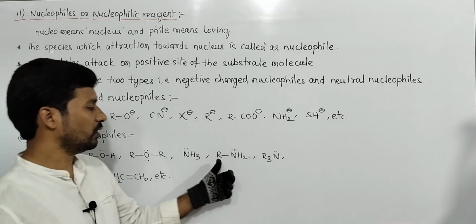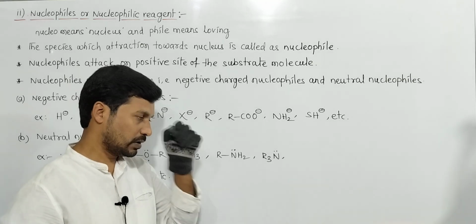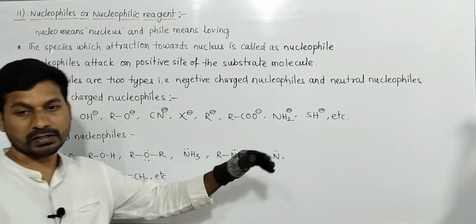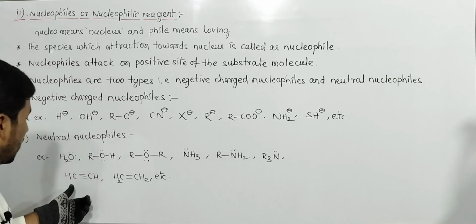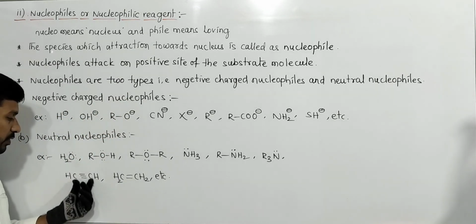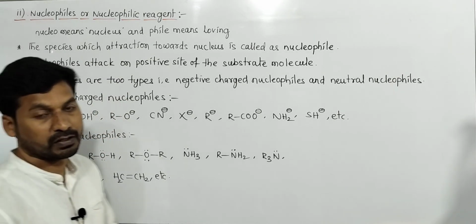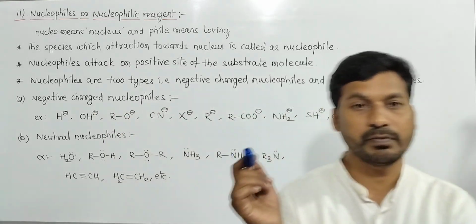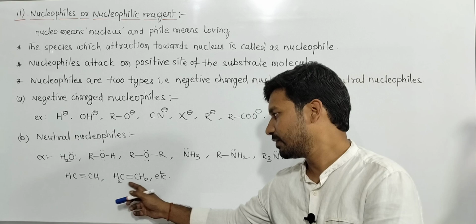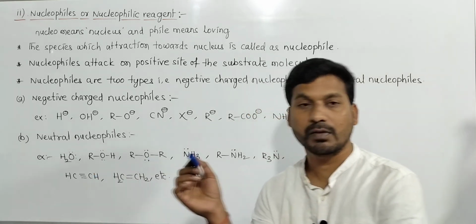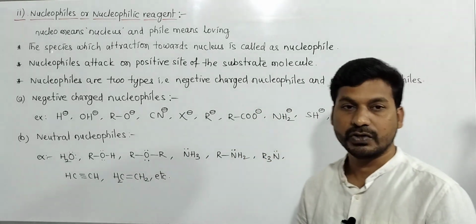Ethers, ammonia, amines and tertiary amines all have one or more lone pairs on their central atom. And molecules which have multiple bonds between similar atoms, such as a double bond between two carbon atoms, or a triple bond, also act as nucleophiles.